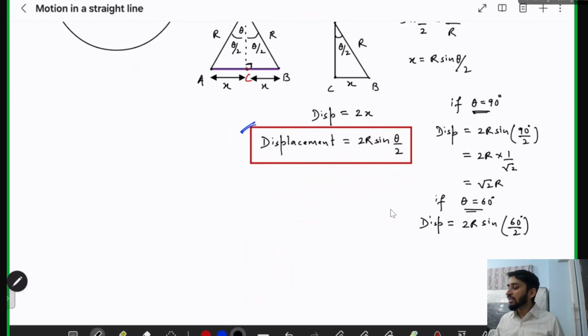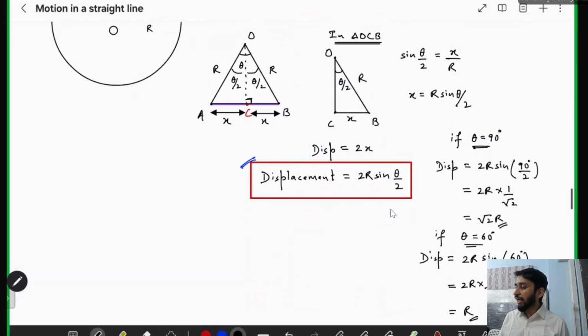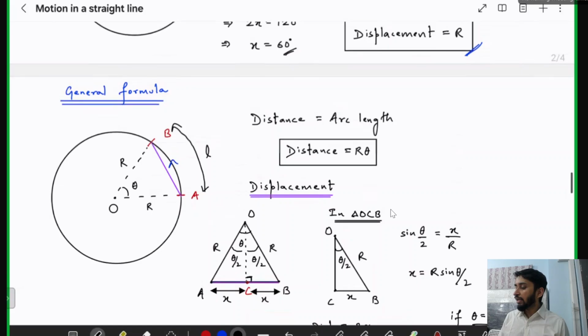So 2r sine 30 degree, which becomes 2r into 1 by 2. So displacement will be simply equal to r, which is matching our answers earlier. So you can see that this general formula is legit, right? It is valid for everything. Great, so you can understand the formula.